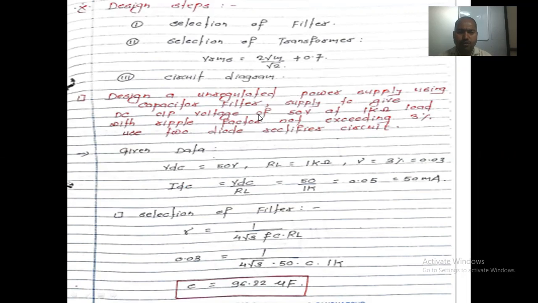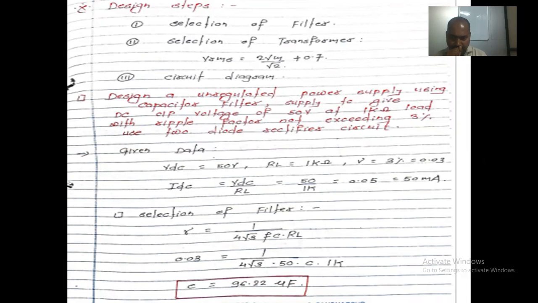So VDC value we require is 50, and RL value is 1 kilo. Okay, 50 divided by 1k. Write down 50 divided by 1k. This is nothing but 50 divided by 1 into 10 raised to 3. Okay, so now tell me, the value is 0.05.